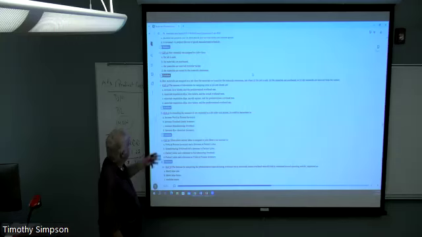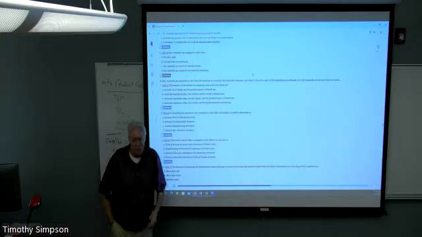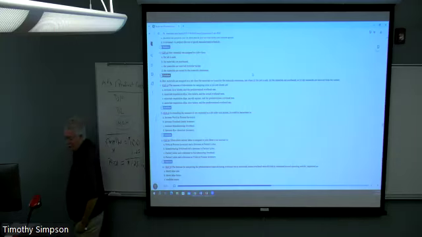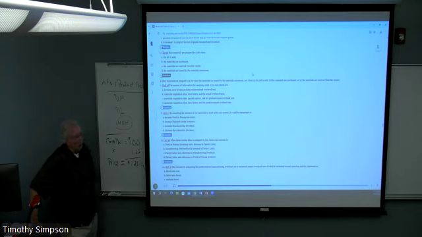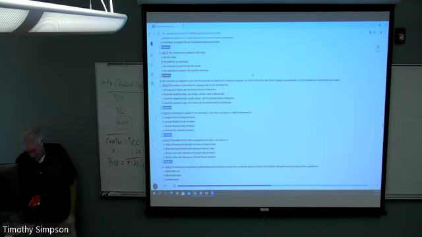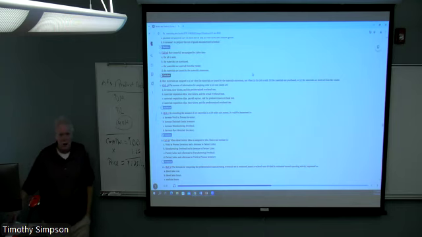Particularly in larger companies that have very expensive materials, somebody's got to be responsible for it. They don't want to sign out too much. They don't want to sign out too little. They want to make sure that whatever they are checking out gets to where it needs to go. So in this case, the answer is D.